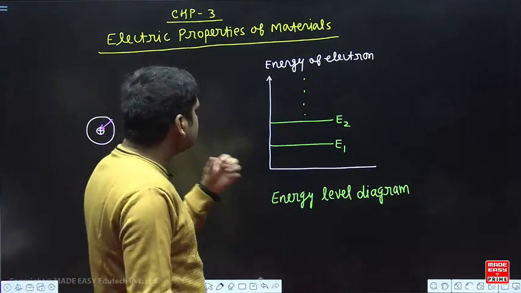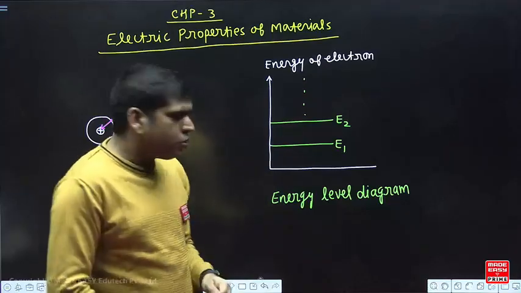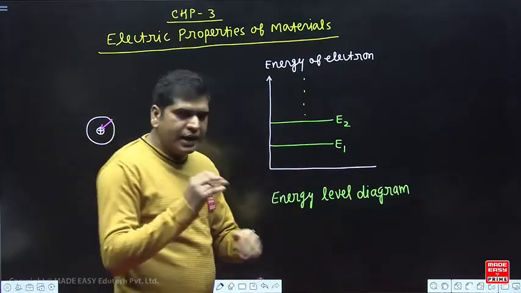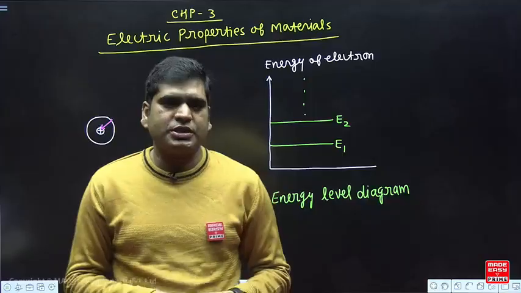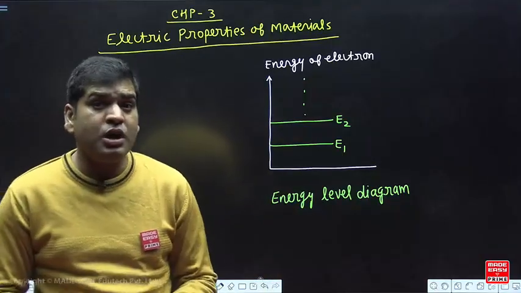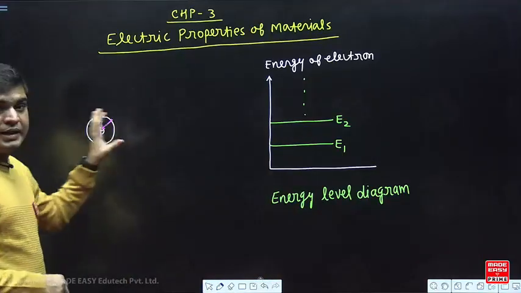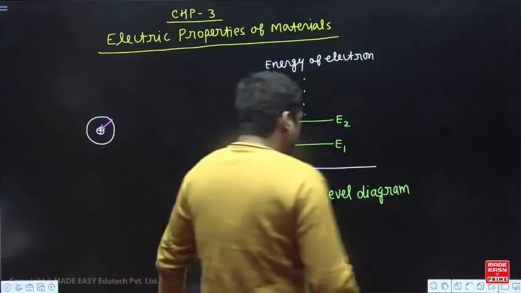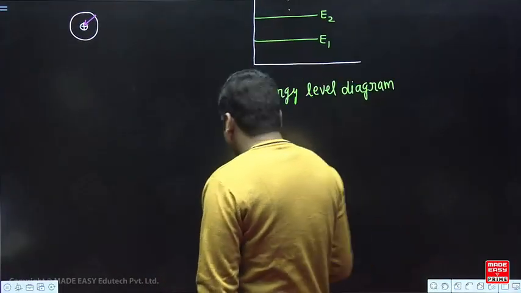So I said that this is an energy level diagram, where each level represents the energy of the electron in the various orbits when we are talking about an electron in an atom. I told you the molecular orbital theory.